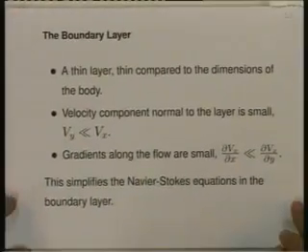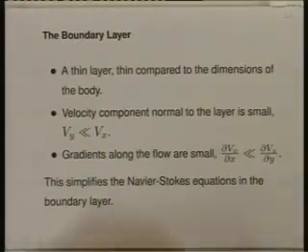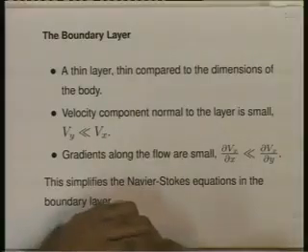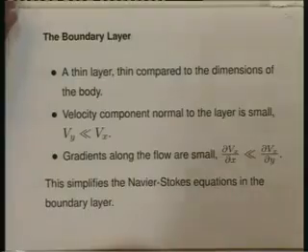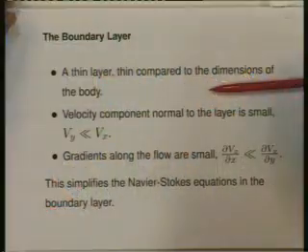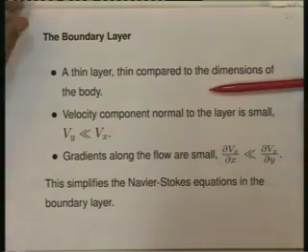It will be nice to see what exactly is meant by a boundary layer. A boundary layer typically has three characteristics. One characteristic is that it is a thin layer. By thin we mean small compared to the dimensions of the plate.